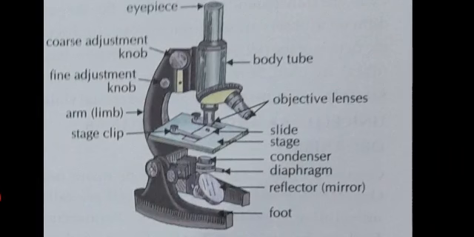What do you see on the screen, students? Yeah, microscope. What is a microscope? Students, a device which can be used to observe the structure of microscopic organisms is called a microscope.